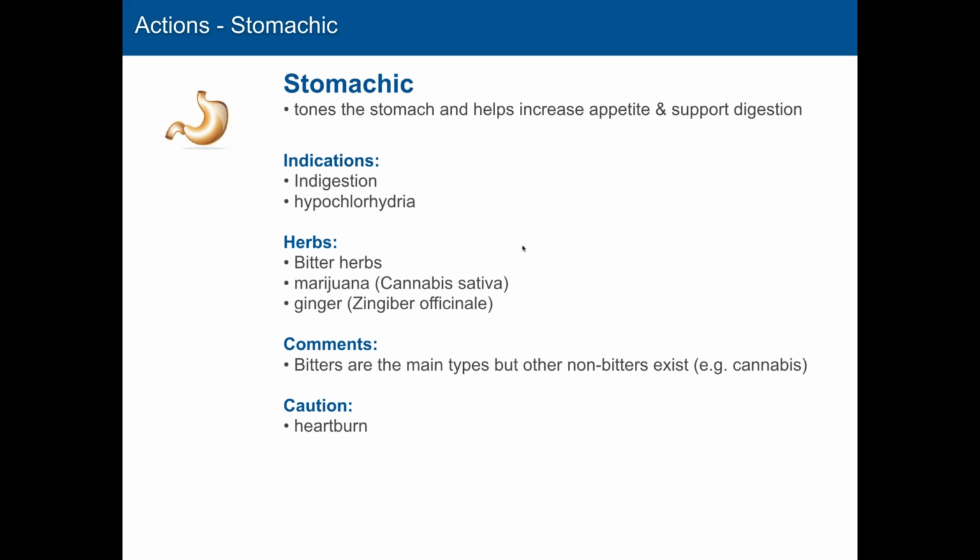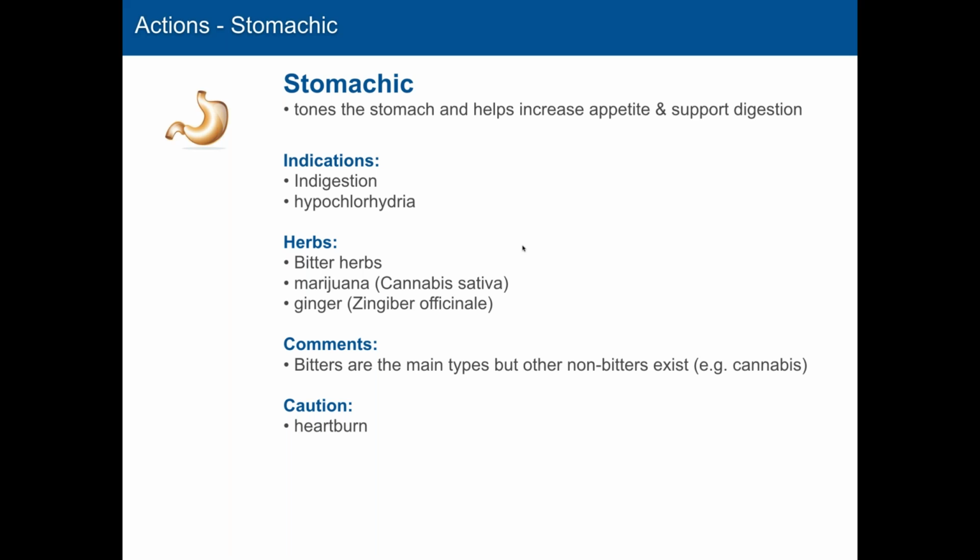But there are certain herbs, like, for example, marijuana. Marijuana, when people smoke it, it increases appetite, and it's having an effect with promoting digestion or appetite, but it has nothing to do with bitter receptors. Also, ginger is also used as a stomachic because it helps improve digestion through some other mechanisms.